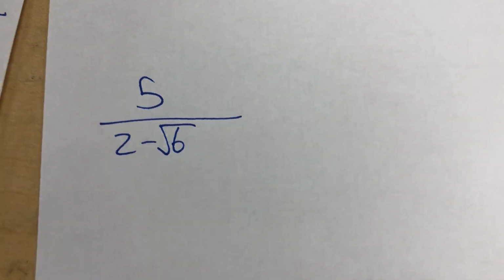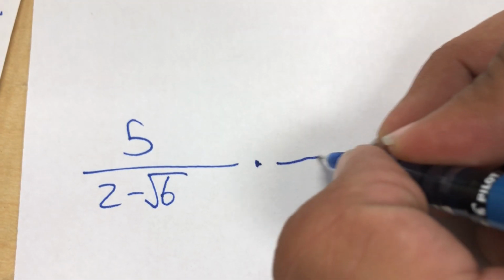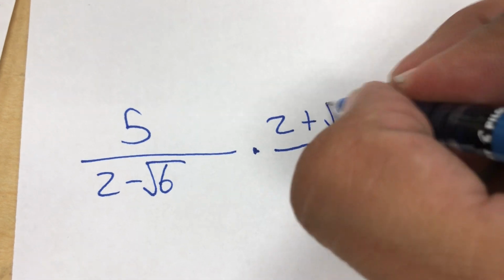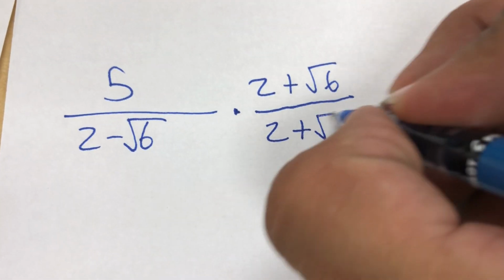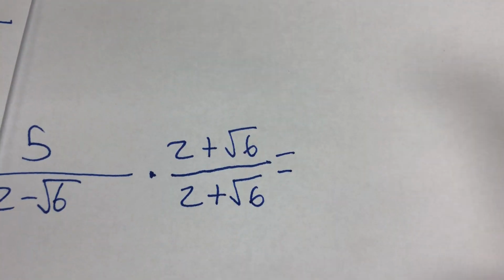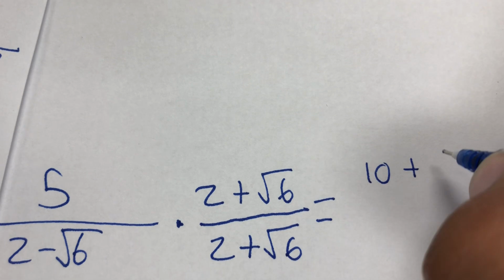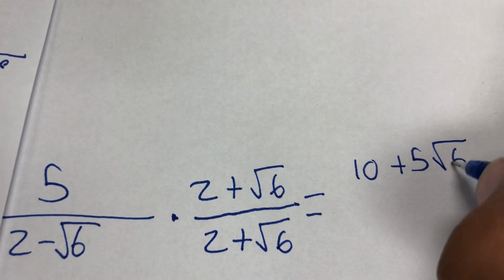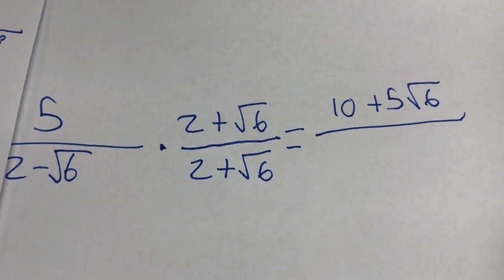Now we go down here. How do we get rid of the square root in the bottom? We use the conjugate. We're going to multiply by 2 plus the square root of 6. And here is 2 plus the square root of 6. So this is going to come out to 10 plus 5 square root of 6, because I'm multiplying the 5 with the 2 and the 5 with the square root of 6.